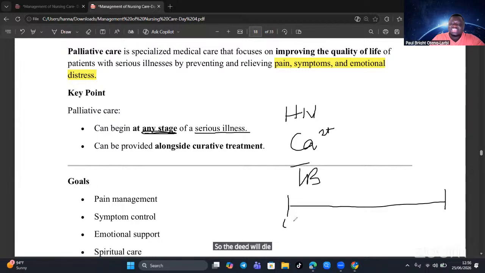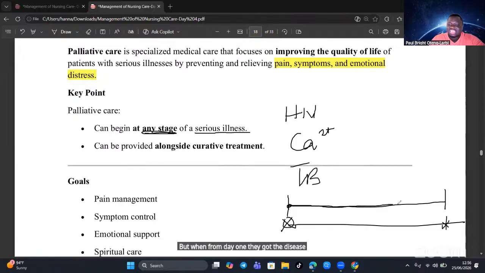They can receive palliative care. Okay. But when from day one they got the disease till the time they die, that phase is we call palliative care. The phase of your serious illness.